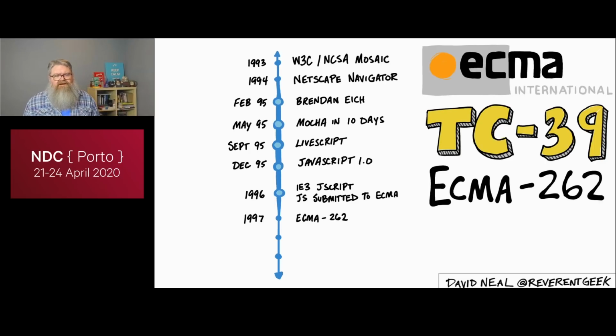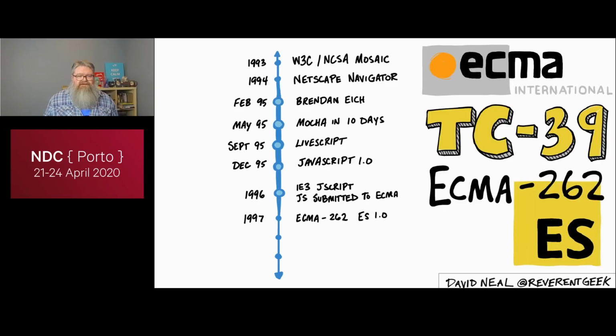Now, the reason it's called ECMA, and we hear this strange word used a lot. JavaScript, again, at this time, and still is to this day, although it's arguably unenforceable, JavaScript is a trademark of Sun, and they couldn't use JavaScript as the name of the language in the spec.